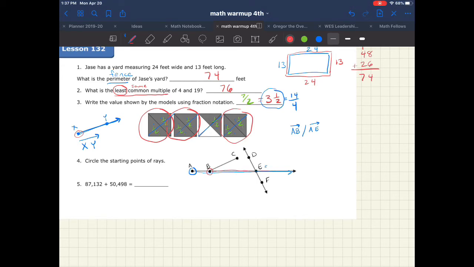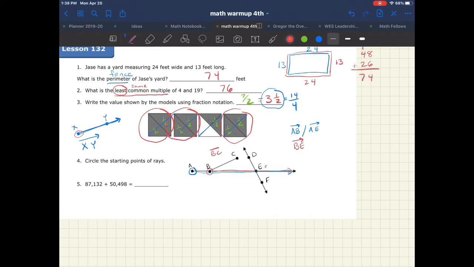But if it goes this way, it is also a ray, so we could call BE a ray. Let's see, C cannot be the beginning of a ray, because it ends both ways. That's a segment. BC is a segment, so C is not starting any rays.